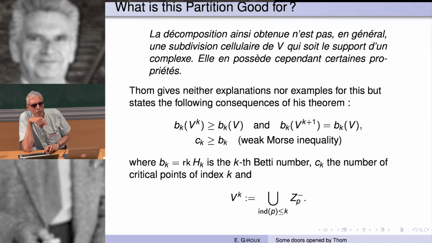It's just the union of the cells of critical points of index at most k. And then the second claim is that the number of critical points of index k is larger or equal to b_k, which is what is known as the weak Morse inequalities.